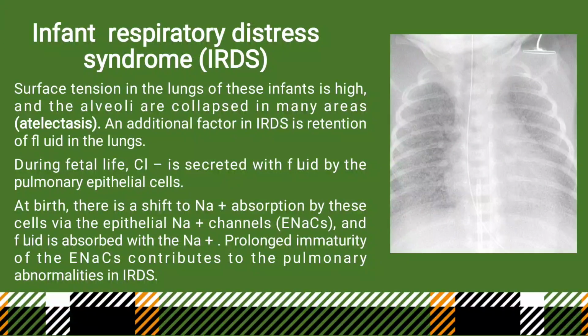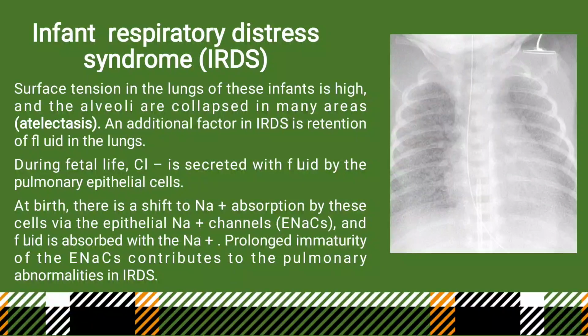Other than surfactant deficiency, additional factors are also responsible. During fetal life, some amount of chloride ion is secreted with the fluid by the pulmonary epithelial cells. When the child is born, the epithelial sodium channels at the layer of alveoli become activated, and they absorb the sodium, and along with sodium they absorb the fluid.